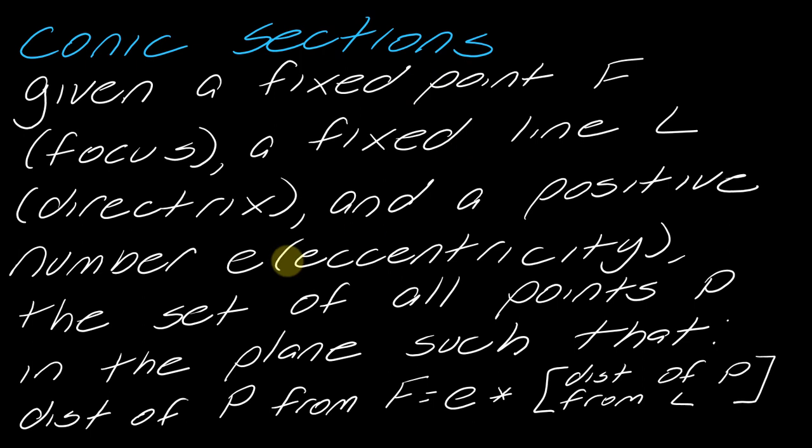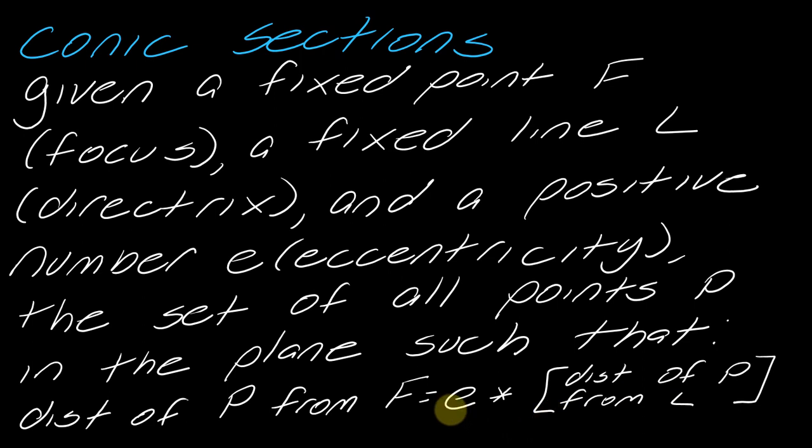So given this fixed point and this fixed line, and a positive number e, which we've been talking about calculating, the set of all points P in the plane such that the distance of P from F equals e times the distance of P from L, so the point from the directrix.